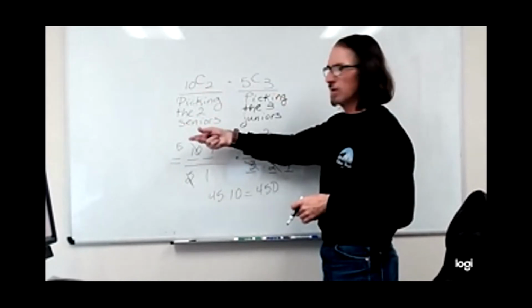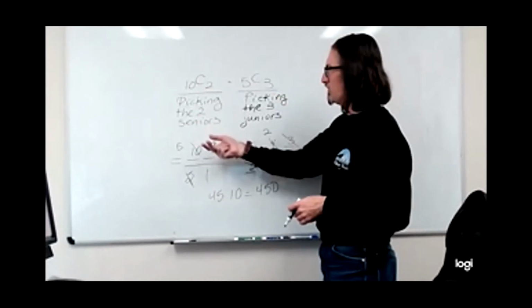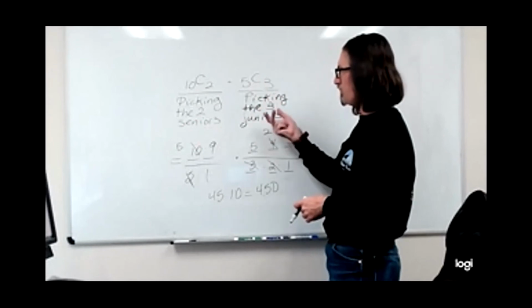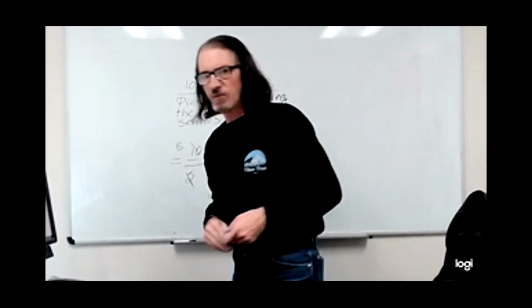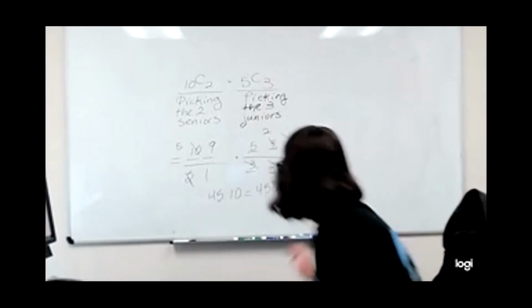This is the main thing, to recognize how many ways we could choose without repetition and without order. From the 10 seniors, pick 2 of them. From the 5 juniors, pick 3 of them. And then we're getting into the nitty-gritty of the arithmetic after that.